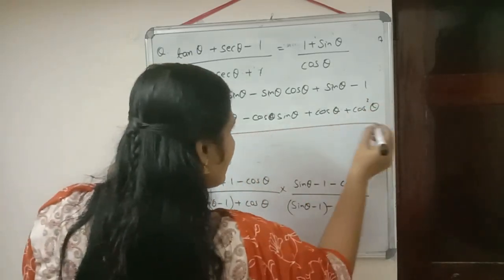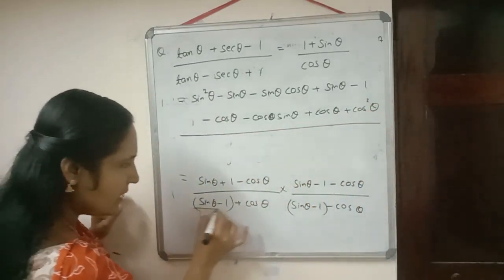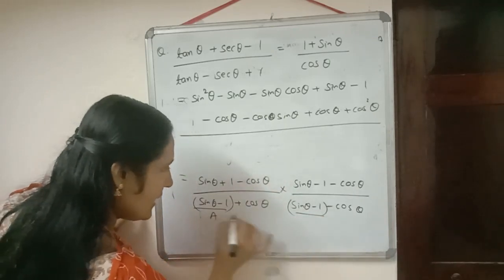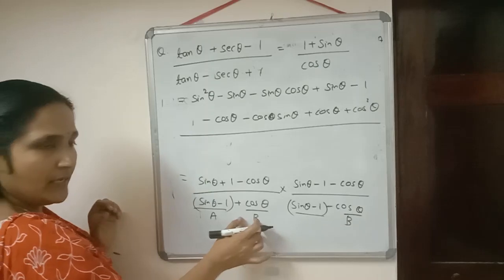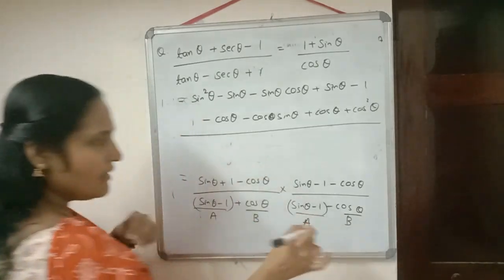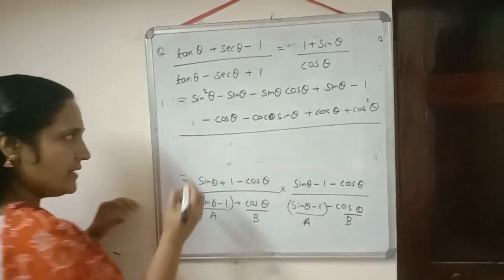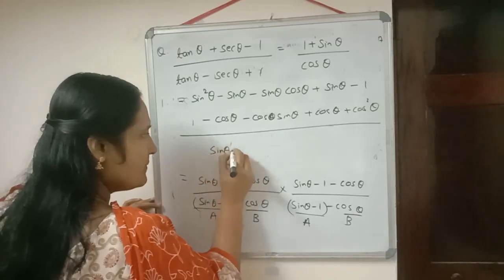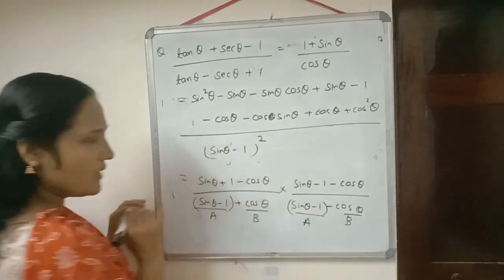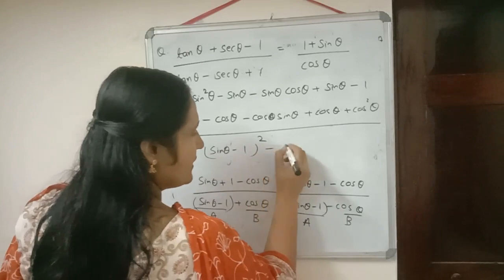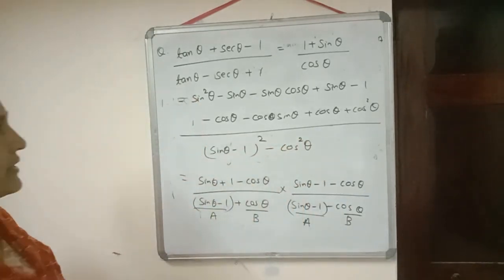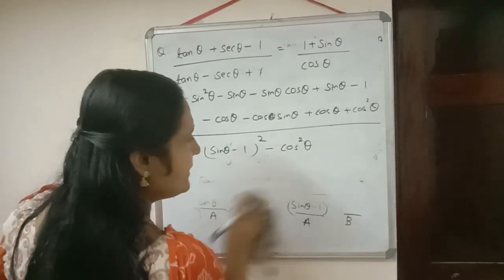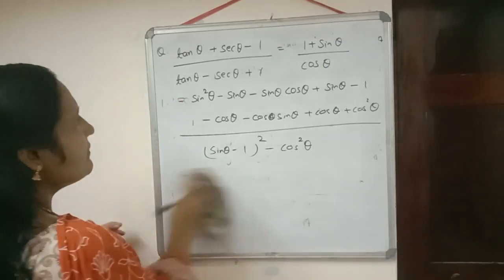In the denominator we can use the identity. If we take this one as A and this one as B, it is in the form of (A plus B) into (A minus B), which is equal to A square minus B square. Then we get (sin theta minus 1) the whole square minus cos square theta. Now we can check how we can use the identities in the numerator.